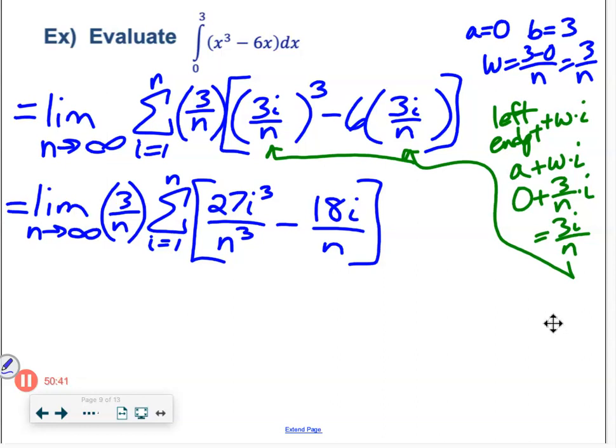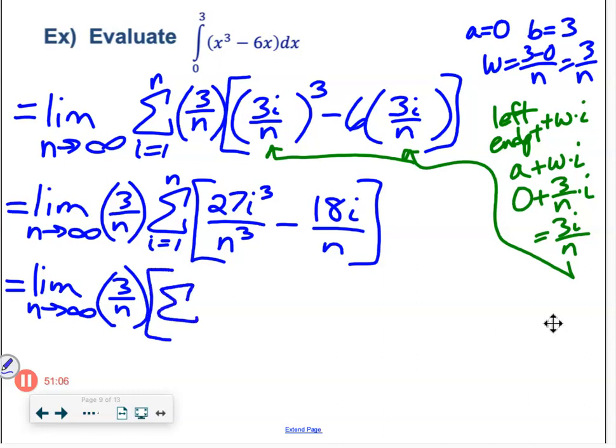The argument of your sigma. All right, so that's step 2. Step 3 is to split up the sum. So you want each of these little terms to have its own personal sigma.